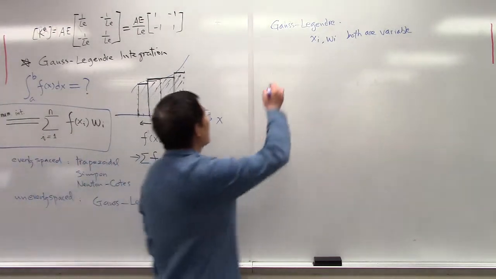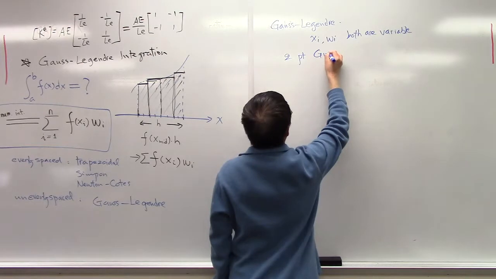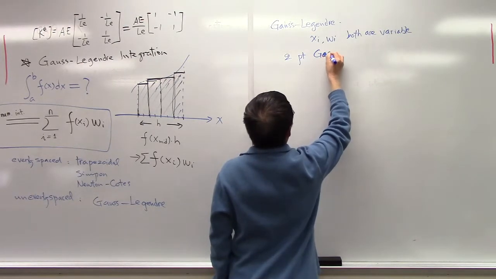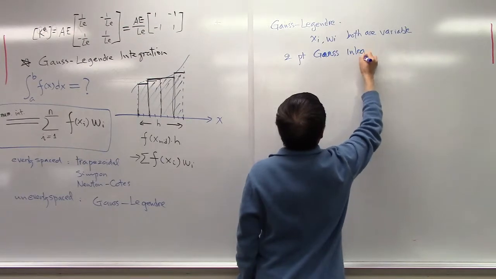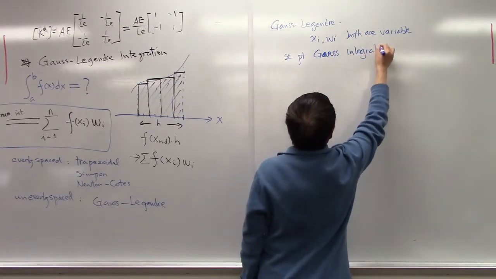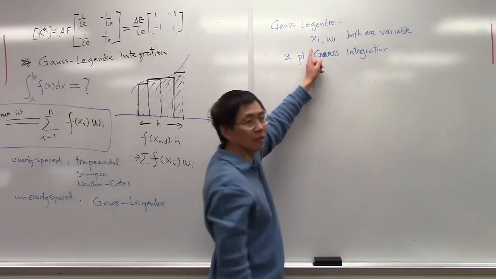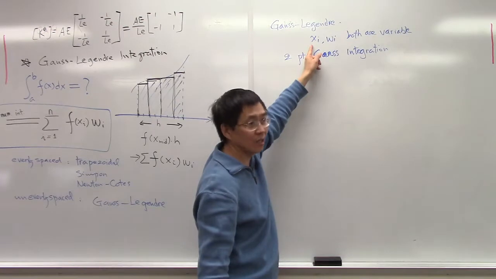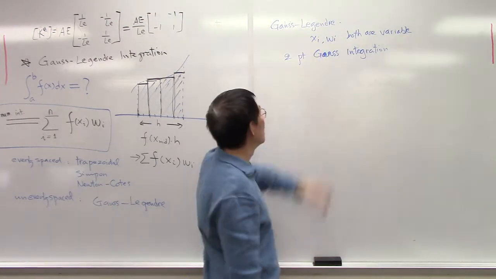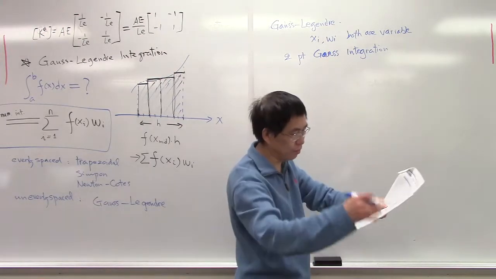Let's talk about a two-point Gauss integration. Okay, so now the variables or the unknowns will be the two positions, x1 and x2, and then the weights, w1 and w2.